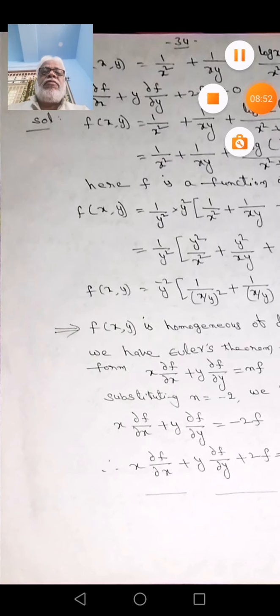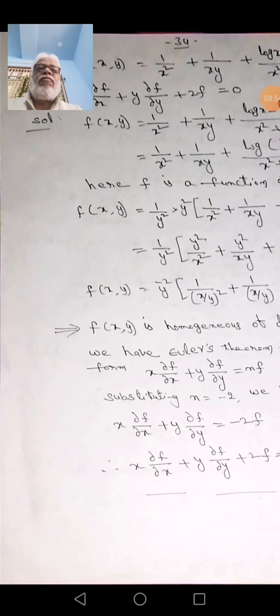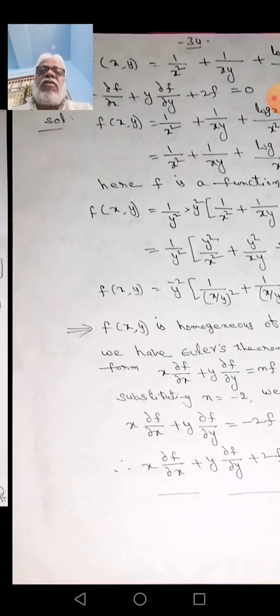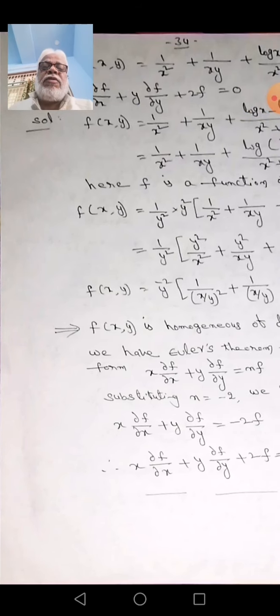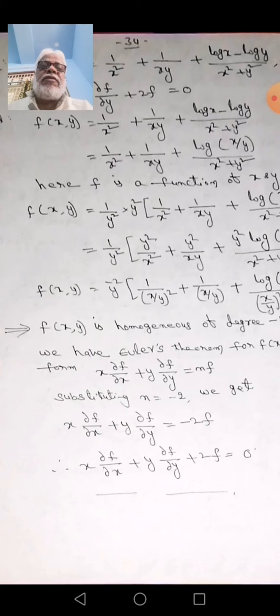Most of the problems are solved by using Euler's theorem. We can prove this. So x ∂f/∂x + y ∂f/∂y, the given f(x,y) is 1/x² + 1/xy + (log x − log y)/(x² + y²).